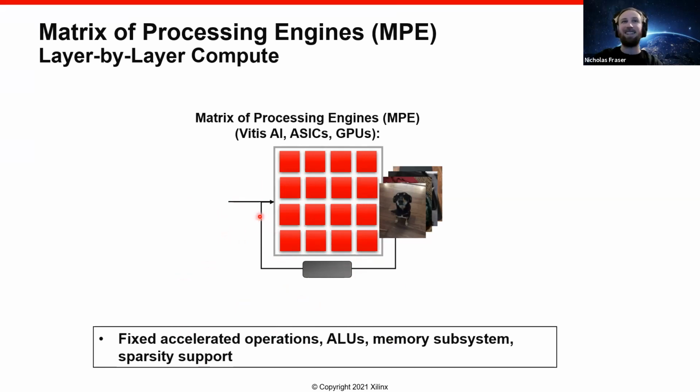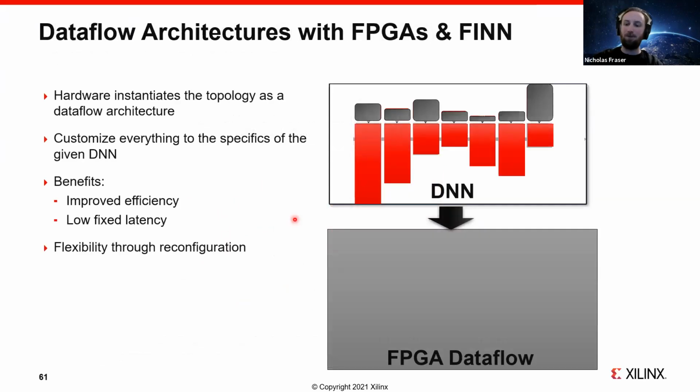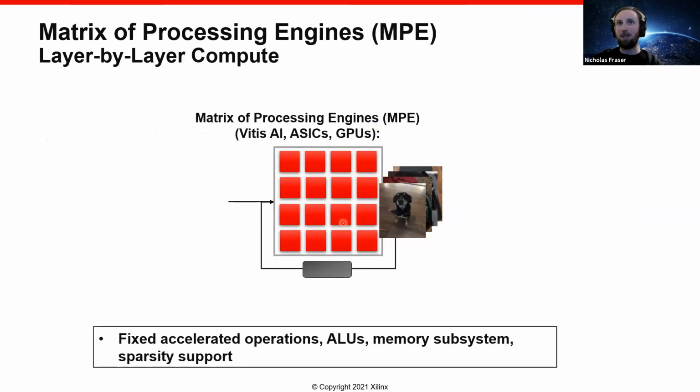So one thing is that it's really hard to take advantage of custom precision here. If you want to have each layer support a custom precision, you are going to have that one matrix of processing engines support multiple precisions, which increases your resource overhead. If you want your networks to be implemented really, really quickly, you're going to make this single matrix of processing engines really, really parallel.